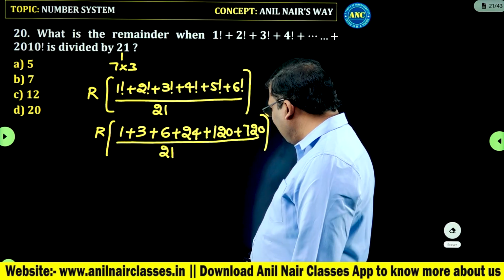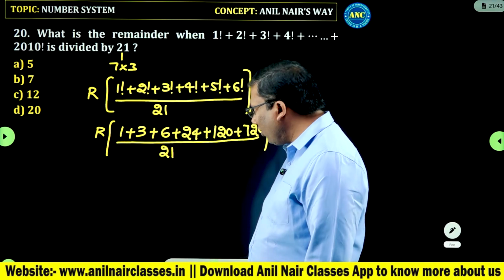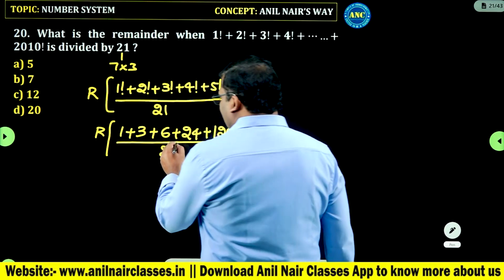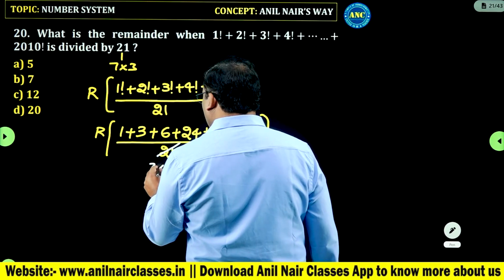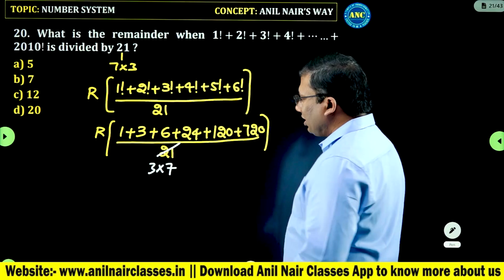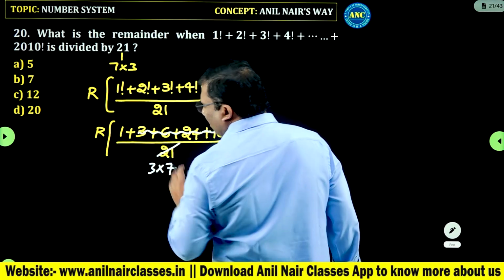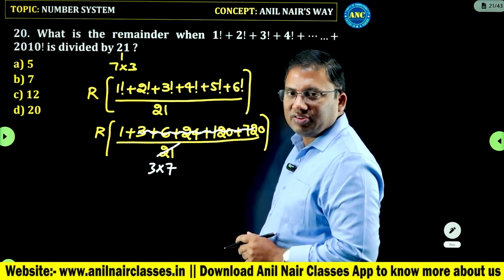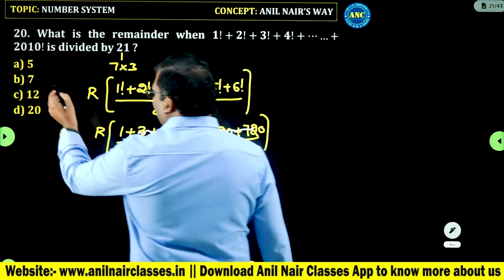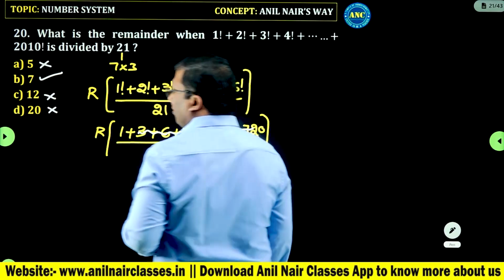Now listen carefully: instead of adding all the numbers, apply the Chinese remainder theorem. All these are divisible by 3 plus 1. The answer when divided by 3 should give remainder 1.